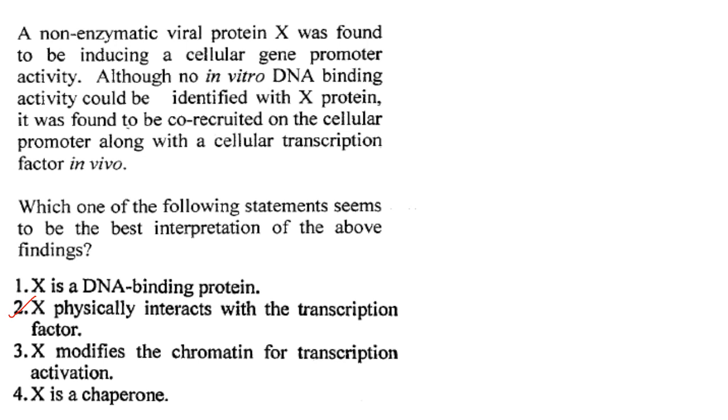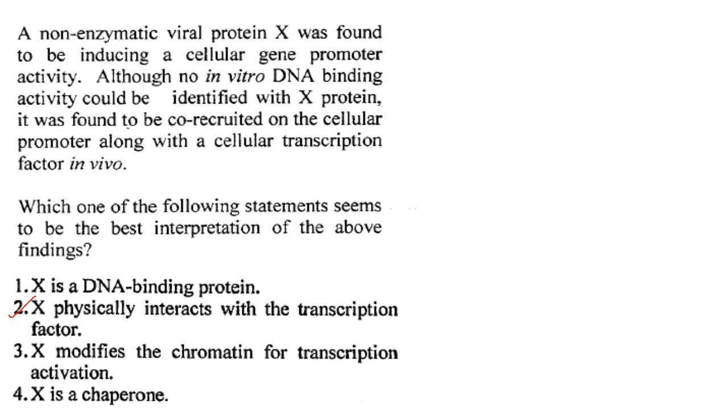Next one. A non-enzymatic viral protein X was found to be inducing a cellular gene promoter activity. So protein X was found to activate the gene promoter, although no in vitro DNA binding activity could be identified with X protein.